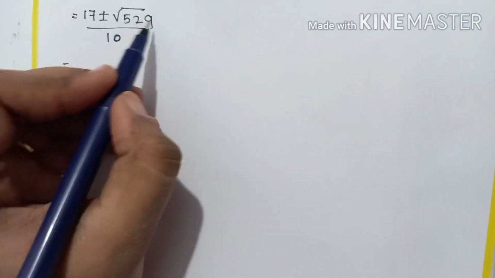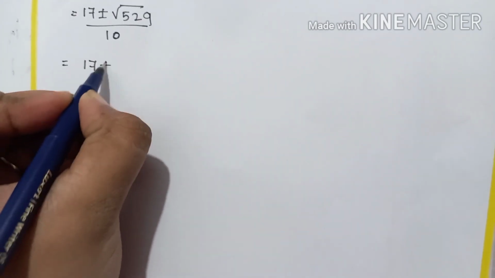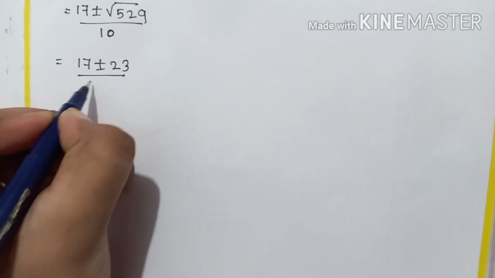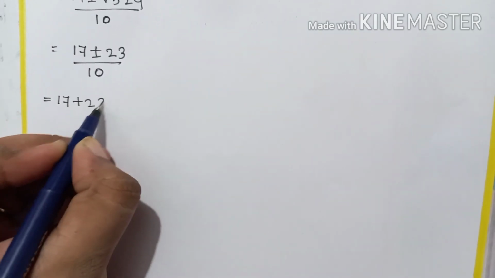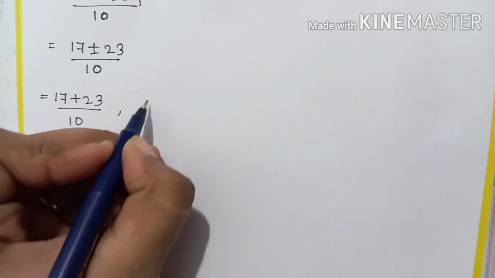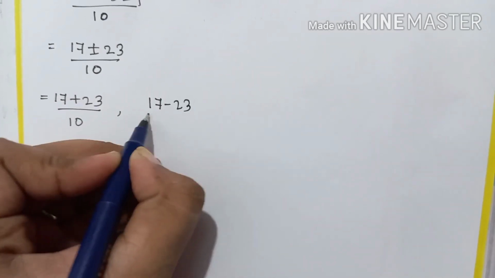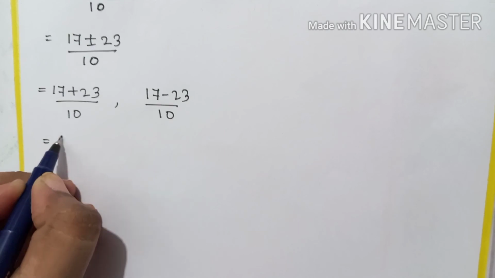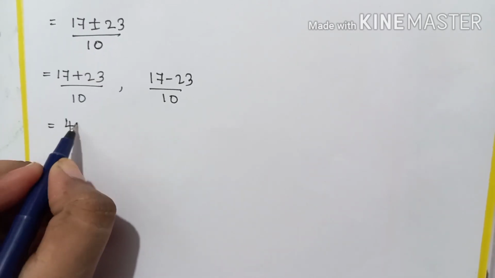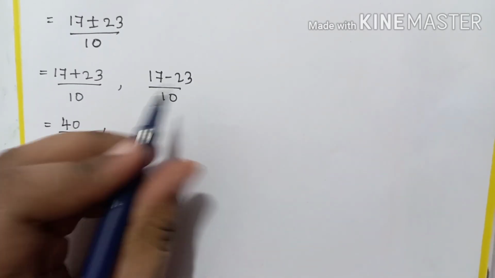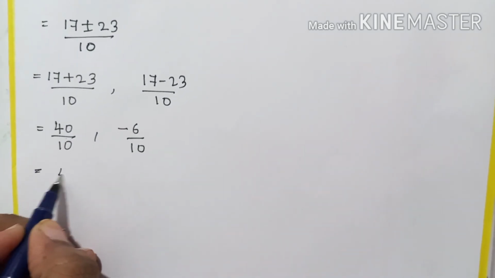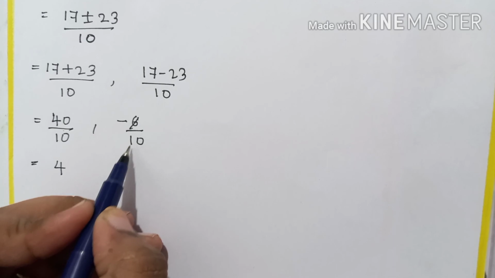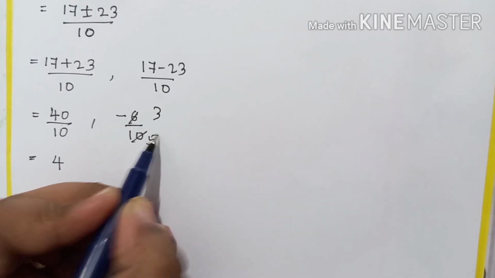Under root 529 is 23, so plus or minus 23 by 10. Now we are going to get two values, 17 plus 23 by 10 and also 17 minus 23 by 10. Here 17 plus 23 is 40 by 10, and 17 minus 23 is minus 6 by 10. 40 by 10 is 4 and minus 6 by 10 is minus 3 by 5.